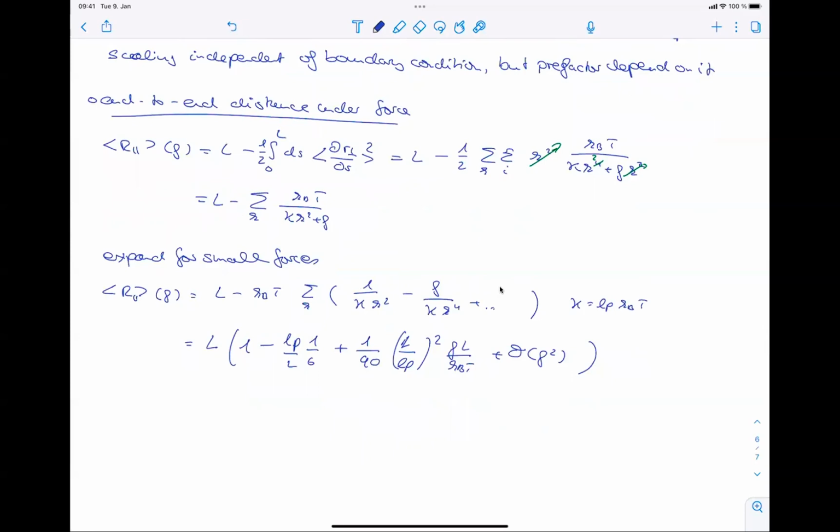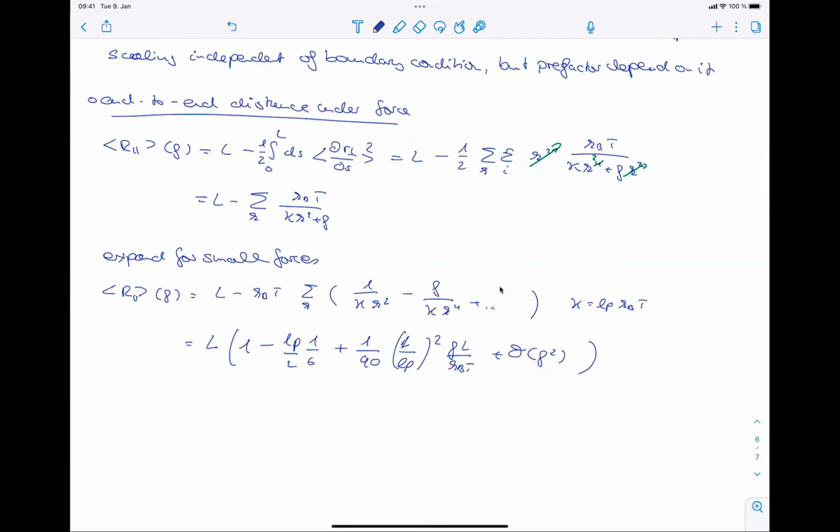Okay, so what does it mean? So here we really now truly discovered physical behavior that we haven't seen before. So now in the weakly bending rod approximation, we have two opposite terms popping up, right? So the end-to-end distance is given by the length, that's the one, but then there's a term that has a minus sign to make the end-to-end distance shorter, and there's a term that has a plus sign that makes it longer.